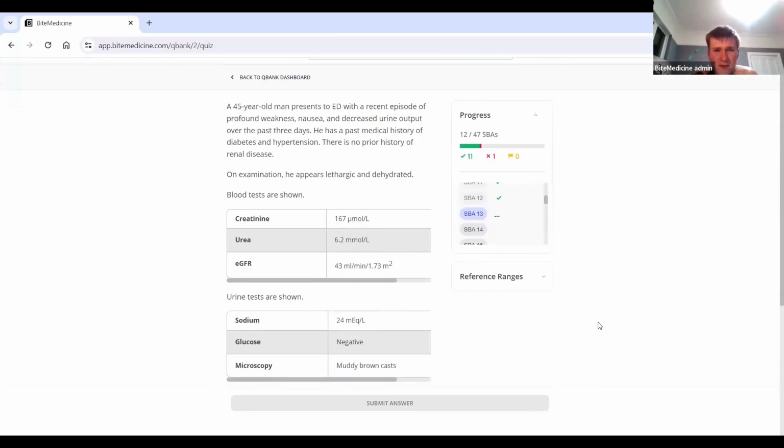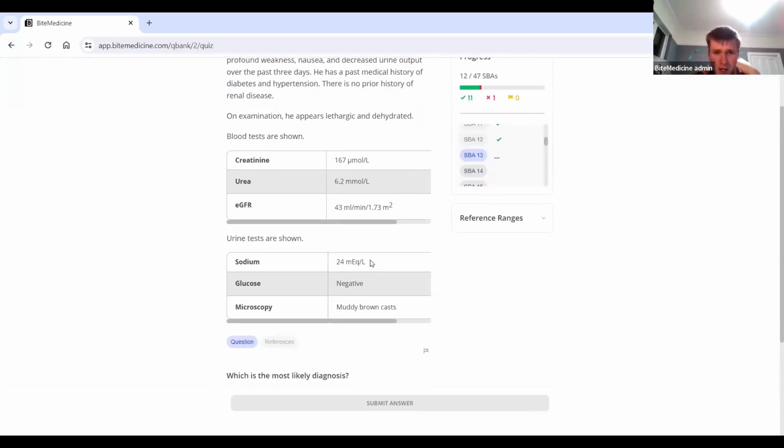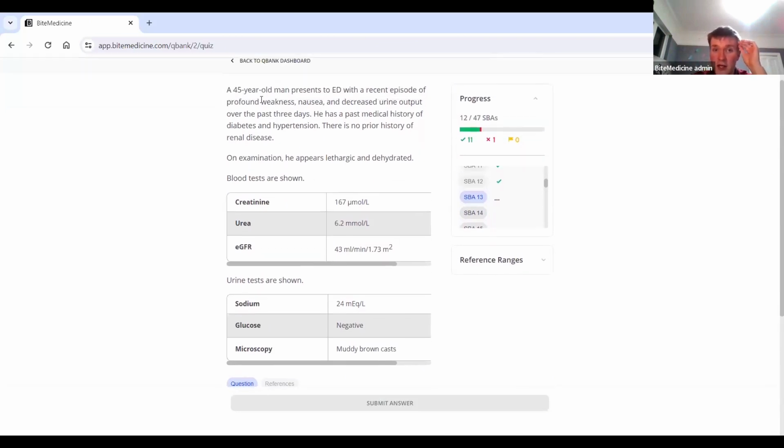Oh, okay, lots to read through here. Right, so this is one of those ones where you can actually save yourself a massive headache. So we said, look at the question. We're going for a diagnosis. And yes, you can read all of this, you can scan it, you can do whatever. But right at the bottom, the last thing you're given is that on urine microscopy, the patient has muddy brown casts.